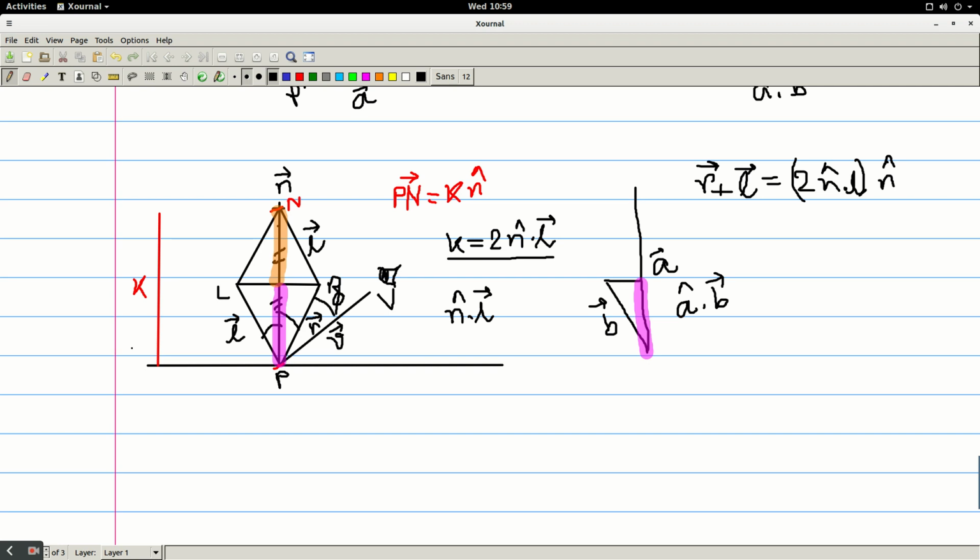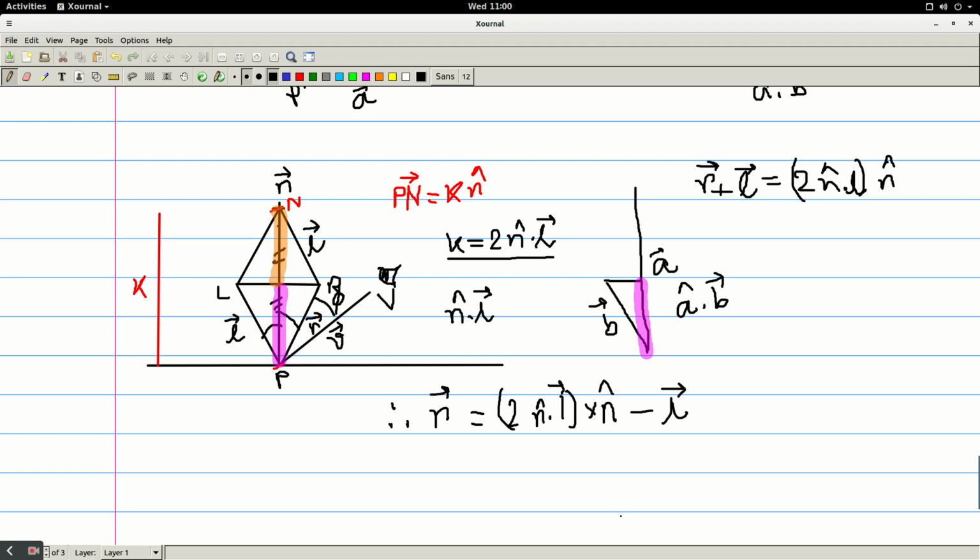And this allows us to sort of rewrite this. We're finally coming down to the reflection vector. This can be written as what? 2 n hat dot L multiplied by the n hat minus L hat.